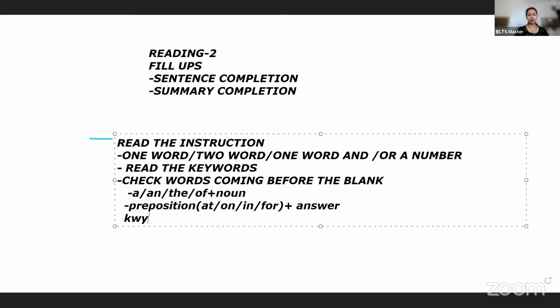If any keyword is coming before the blank, it means you will be getting the synonym of that keyword in the paragraph, and your answer will depend on that synonym. Is that clear?